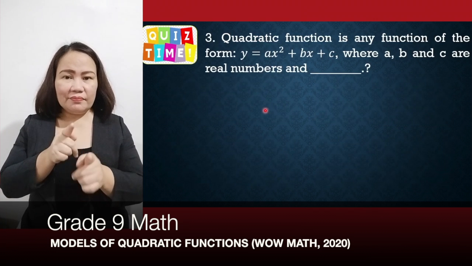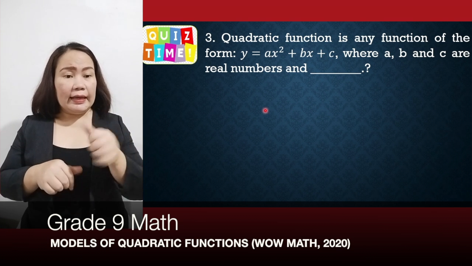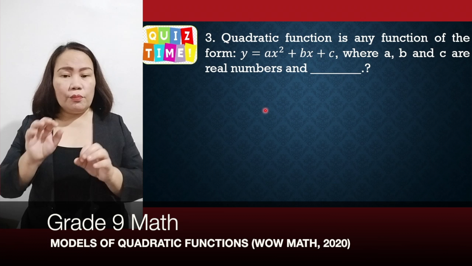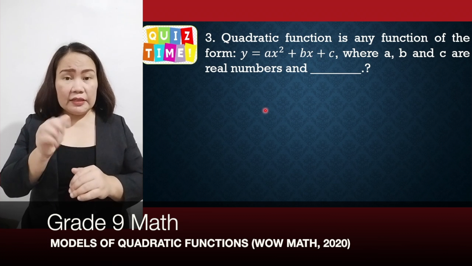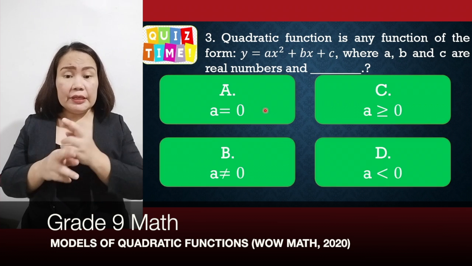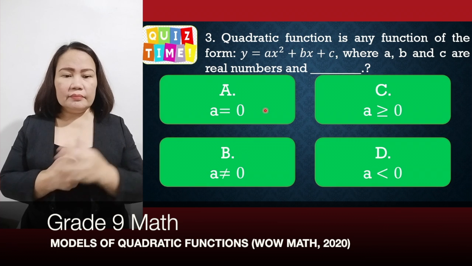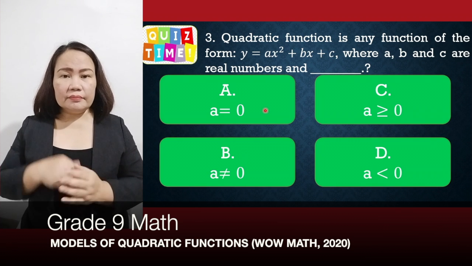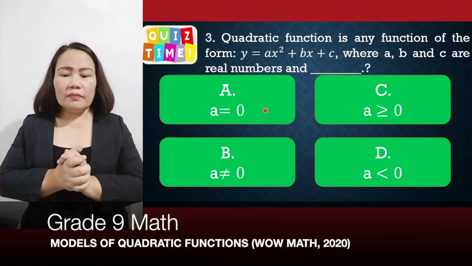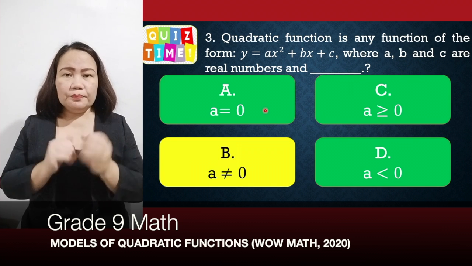Okay, next. Quadratic function is any function of the form y is equal to ax squared plus bx plus c, where a, b, and c are real numbers and these are the choices. So the answer is your a should not be equal to 0.